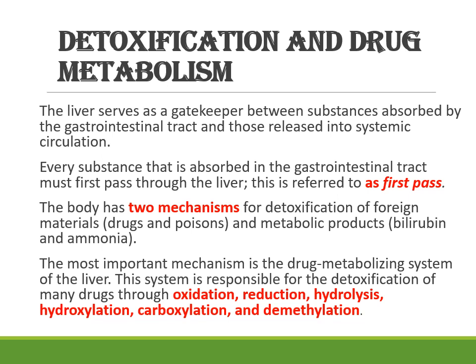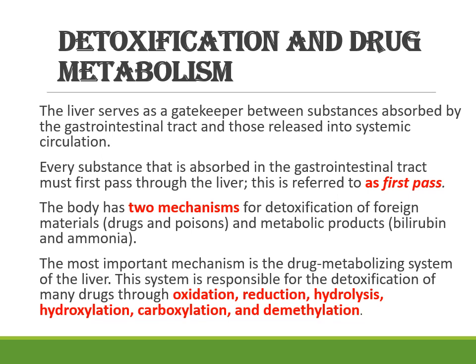So let's now discuss the other function of the liver, and that is detoxification and drug metabolism. These are very important functions of the liver because it allows important substances to reach the systemic circulation and can serve as a barrier to prevent toxic or harmful substances from reaching the systemic circulation.